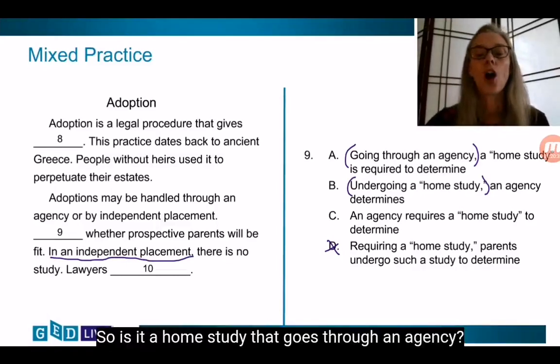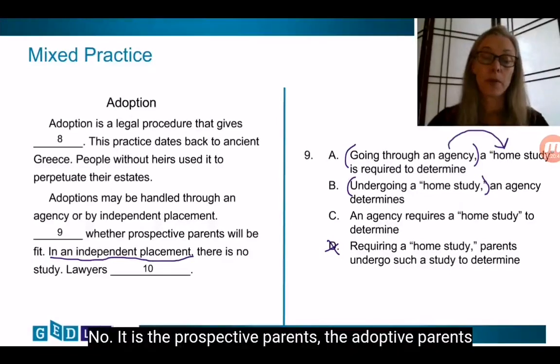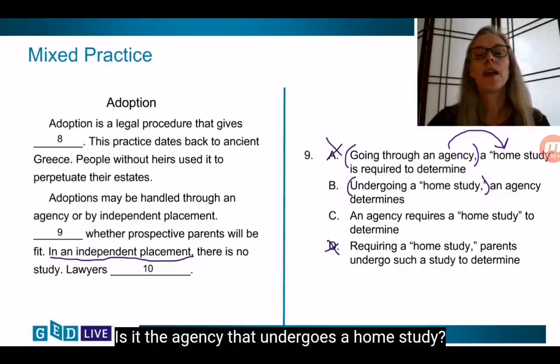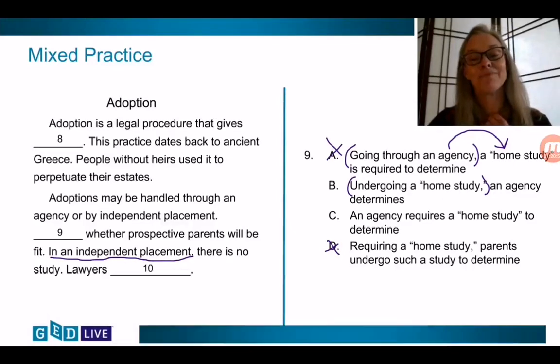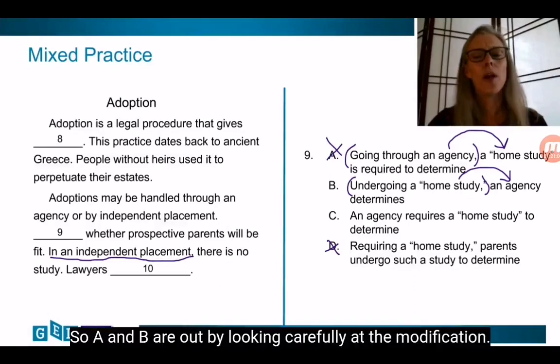So, is it a home study that goes through an agency? No. It is the prospective parents, the adoptive parents, who go through an agency. That can't be right. Okay? Is it the agency that undergoes a home study? No. It is the prospective parents that undergo a home study. So, A and B are out by looking carefully at the modification.